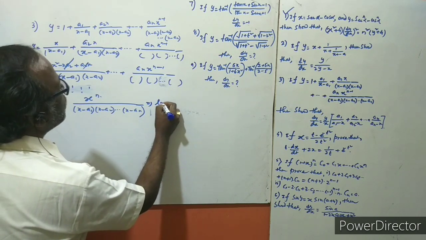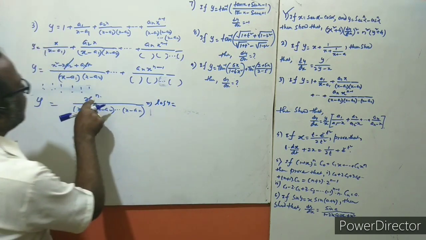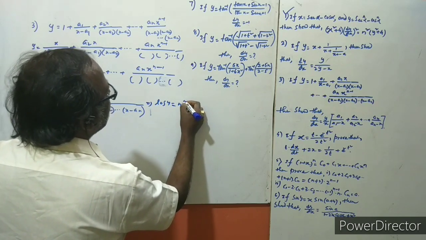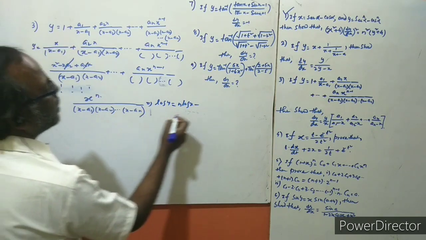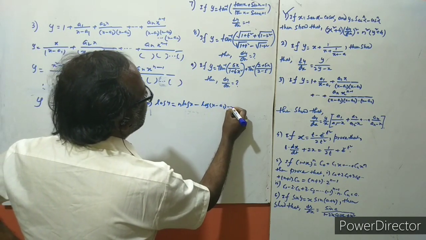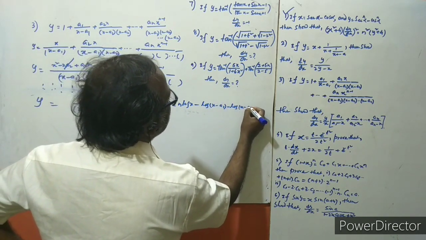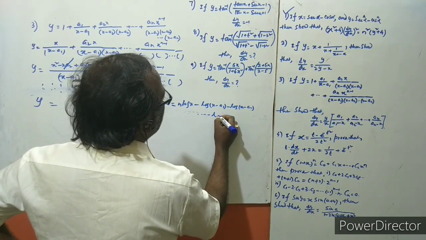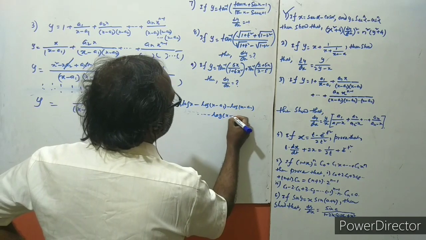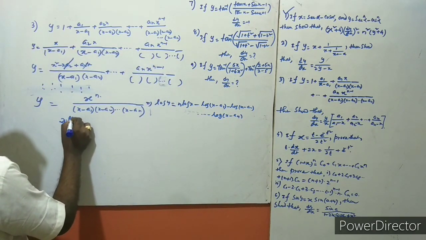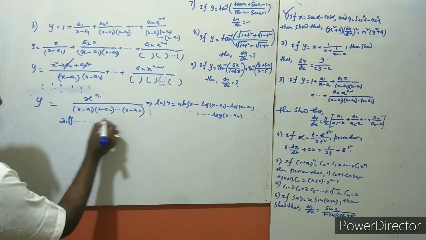So log y, and if we take the logarithm of that, n into log x, and then you get here the n factors, log of x minus a2, again log of x minus an, and now differentiate both sides with respect to x.